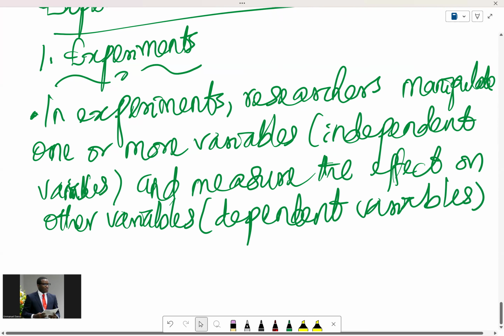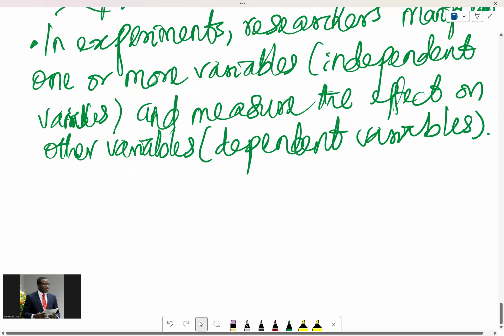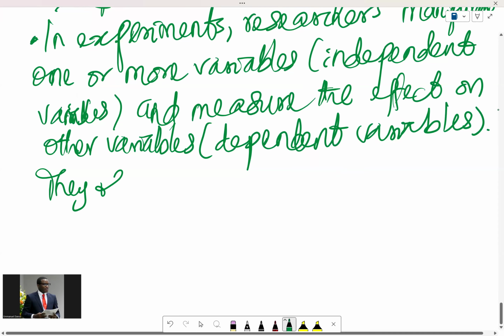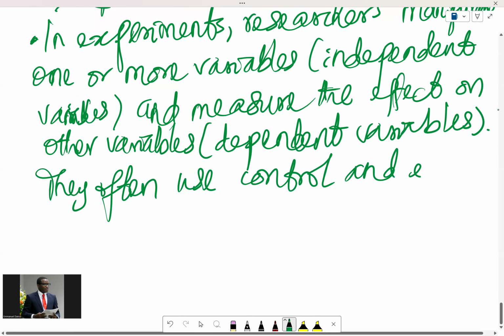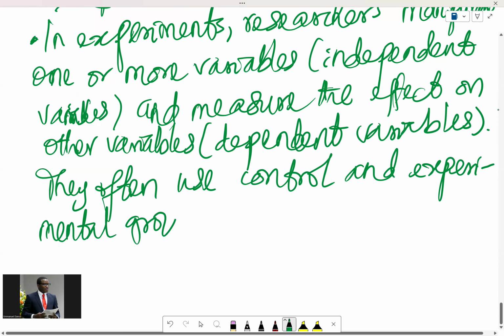So they often use control and experimental groups to draw causal conclusions.